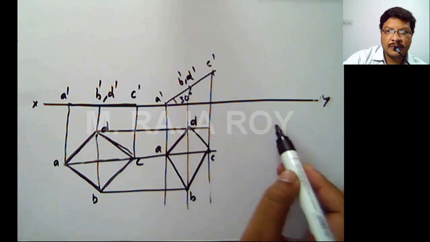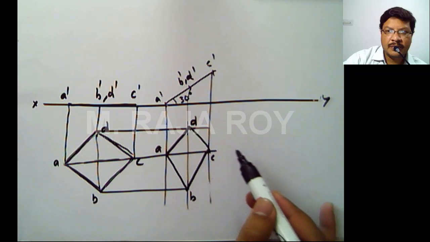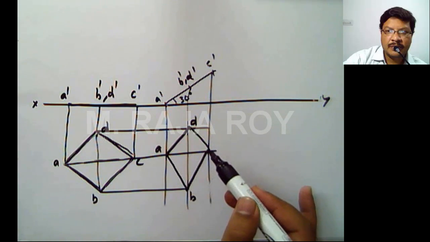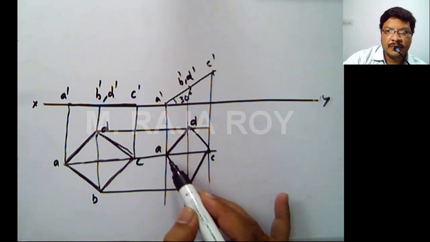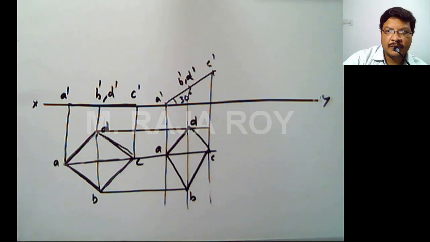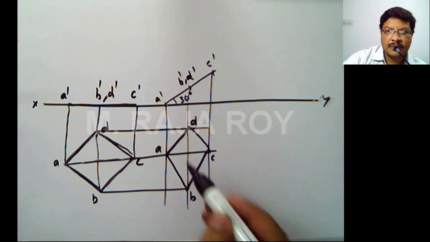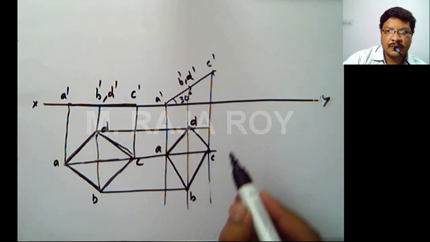That's why in the third stage, when I am keeping the diagonal inclination, this diagonal BD reference I have taken, because BD length is not reduced. If I take AC as my reference, then I have to find the apparent angle. To avoid that part, what I am doing is I am taking the BD diagonal as my reference.